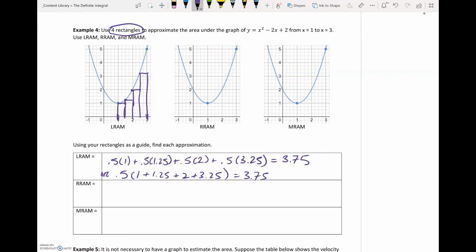Okay, so now let's do our RRAM, and I'm going to draw in those same points found on this graph. Okay, but now we're going to look at our most right point. So between these 2 points, this is my right point. So my height is going to be based off of this, the most right point. Same thing over here.